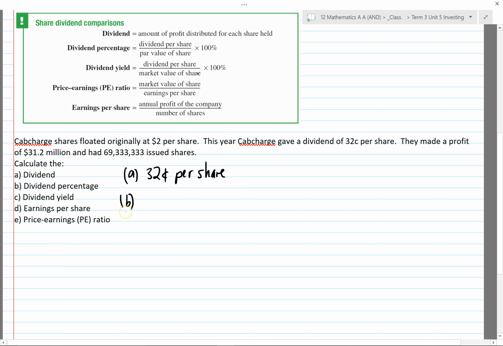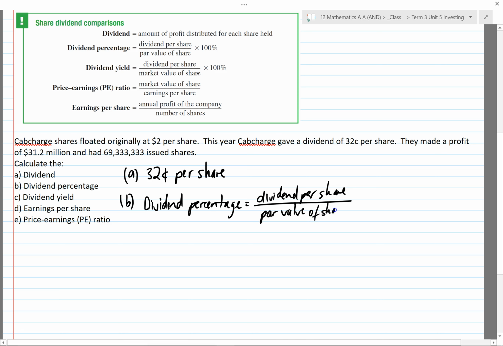Part B, the dividend percentage. I'll look at my formula, which will be provided to me in the exam. My dividend percentage I'll find by getting the dividend per share and dividing by the par value of the share, the original value of the share, and multiplying by 100 to make it into a percentage.